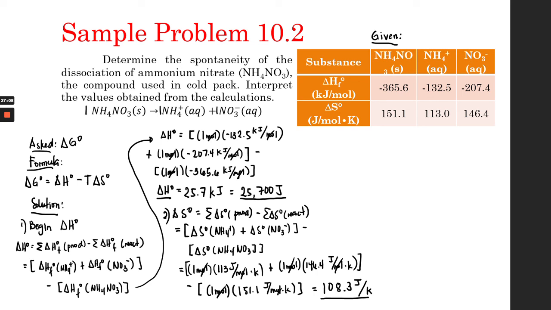Okay, so now you have your delta H and you have your delta S. Now for number 3, you can proceed with solving delta G. And we know delta G is basically delta H minus temperature times delta S. And since this is the standard, this is where it is important to use a standard, because in standard we have 1 atmosphere at 25 degrees Celsius.